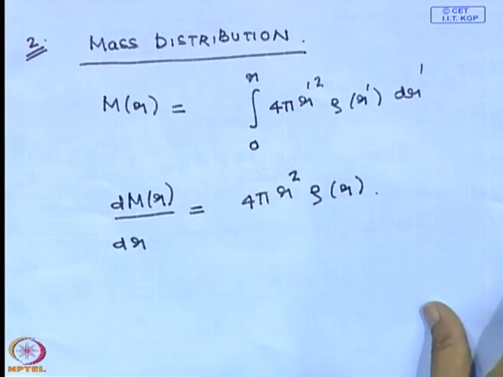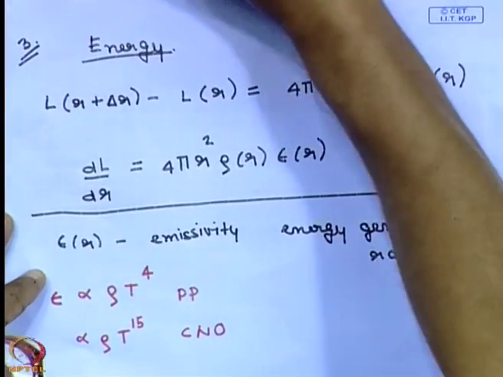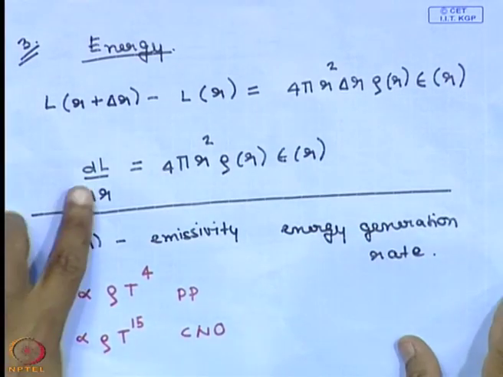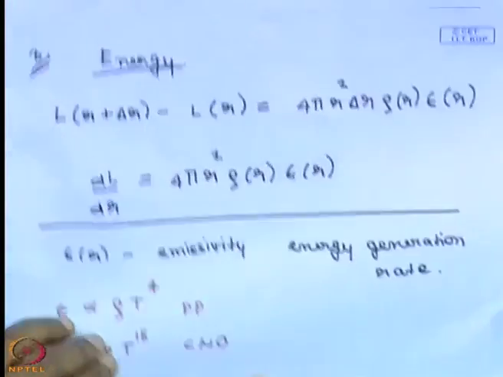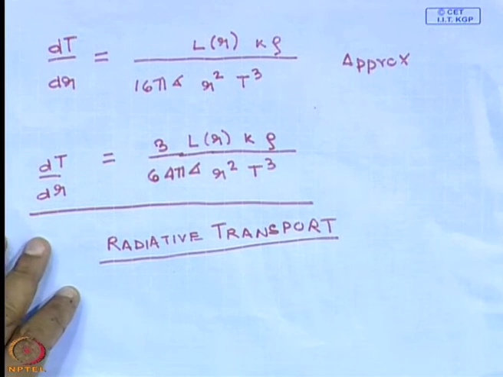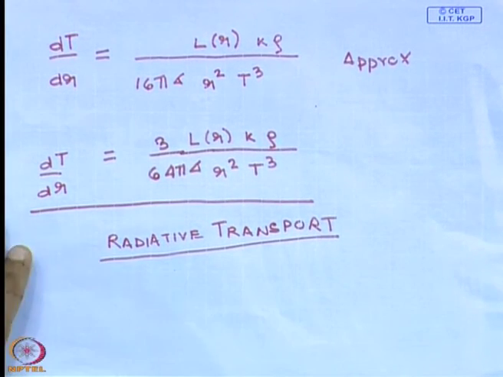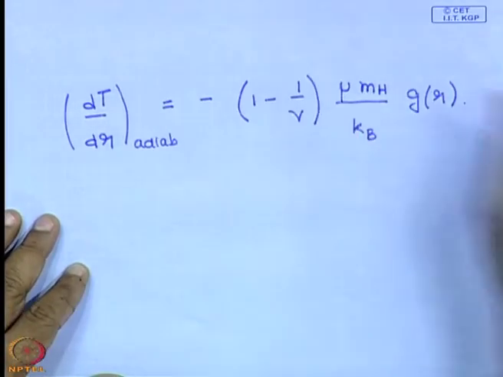The second is the mass distribution. The third is the way the luminosity changes with distance, and the fourth is the temperature gradient, which is decided by the energy transport mechanism. If it is radiative transport, you have this. If it is convective transport, you have this.